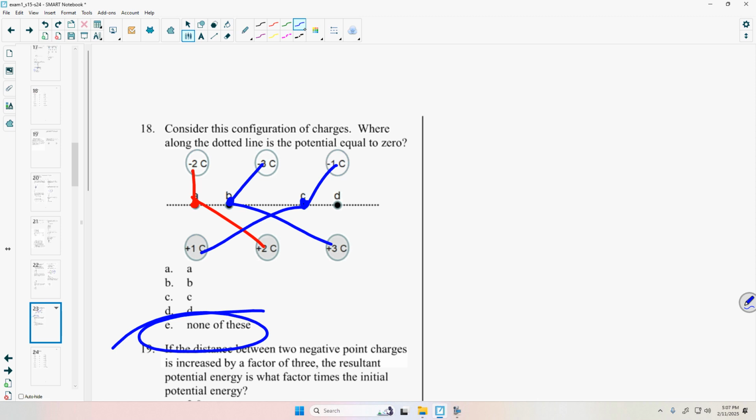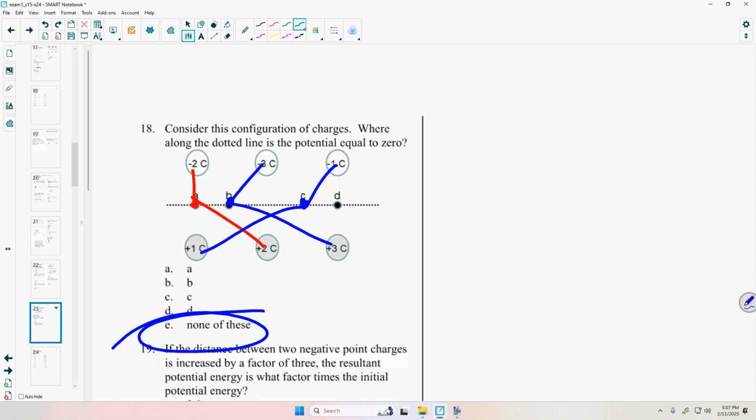If you have no idea what the answer is, there is no preferred answer because it's randomized, so you can't cheat it, except for those last options like D and E, because none of these always comes last, doesn't it? Yeah. So I think E is probably the right answer.